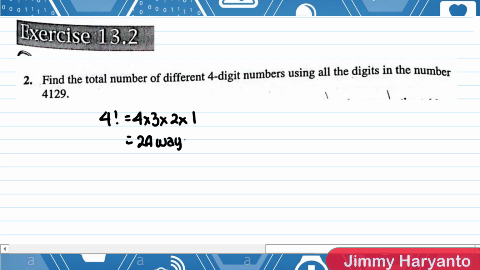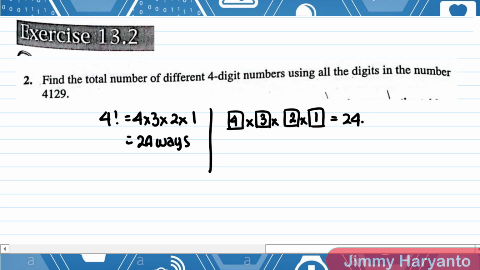You can do these questions like this, or you can use the filling slot: the first box is 4 possibilities, there are 3 numbers for the second box, 2 numbers, and 1 number for the last box. You will have 24 also.